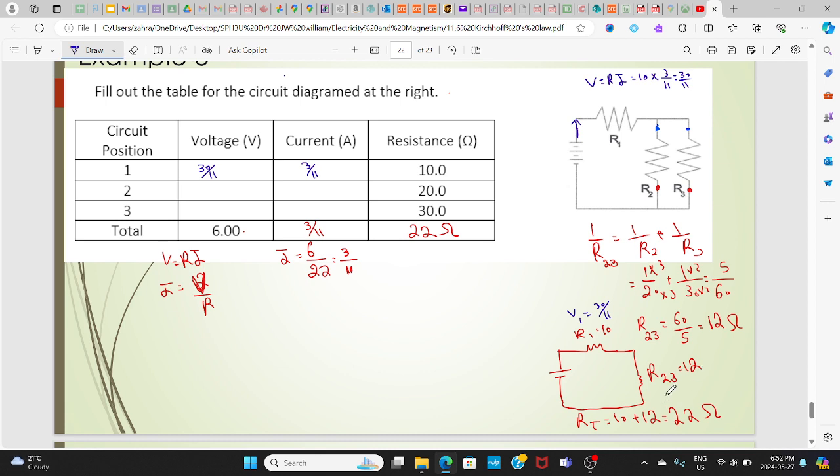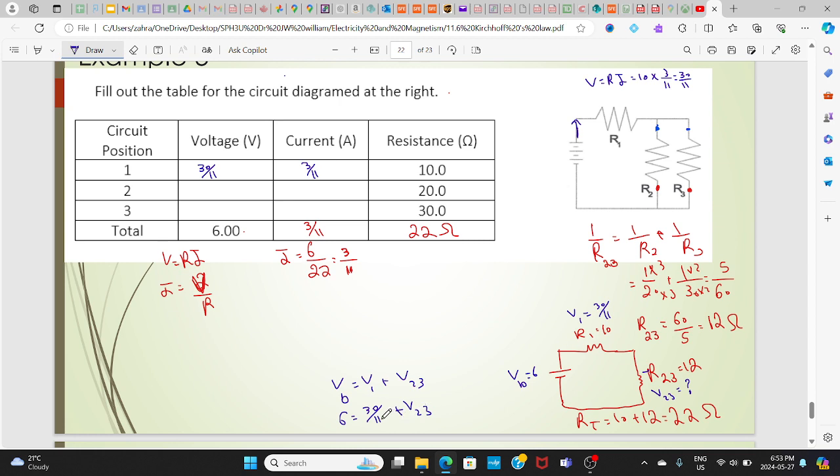How do I find this V23? That's my question. Since I know the voltage of the battery, what is it? The voltage of the battery is the total voltage. It's going to be 6, right? The voltage provided by the battery is equal to the voltage across these loads. So V battery is equal to V1 plus V23. V battery is 6, V1 I know is 30 over 11, plus V23.